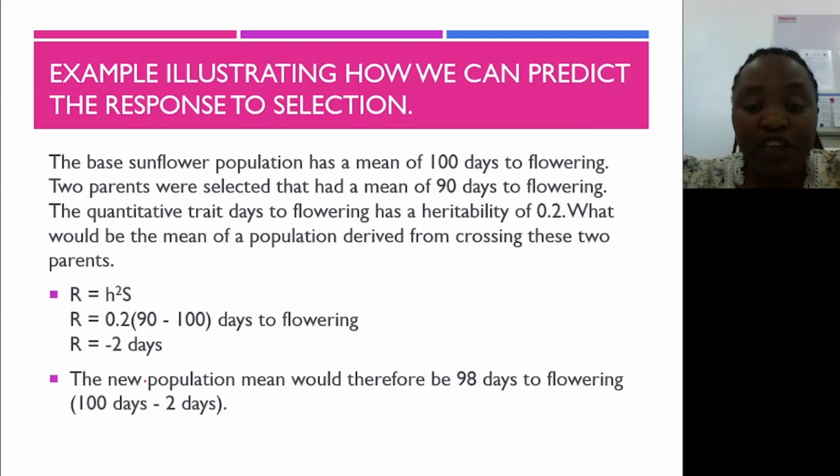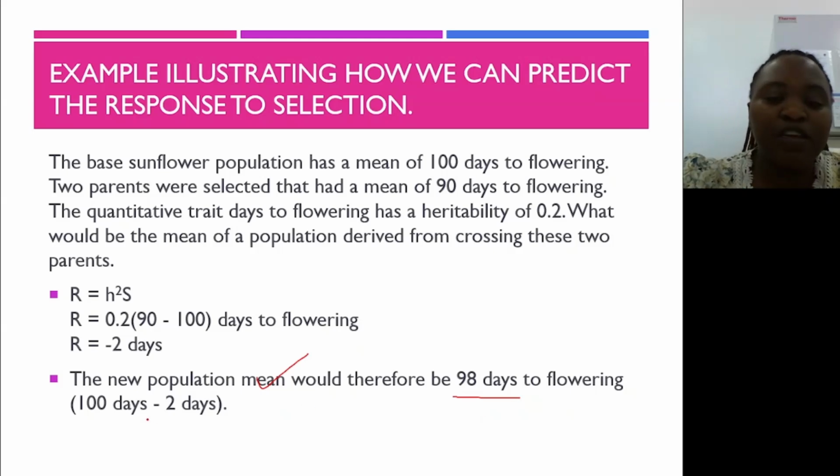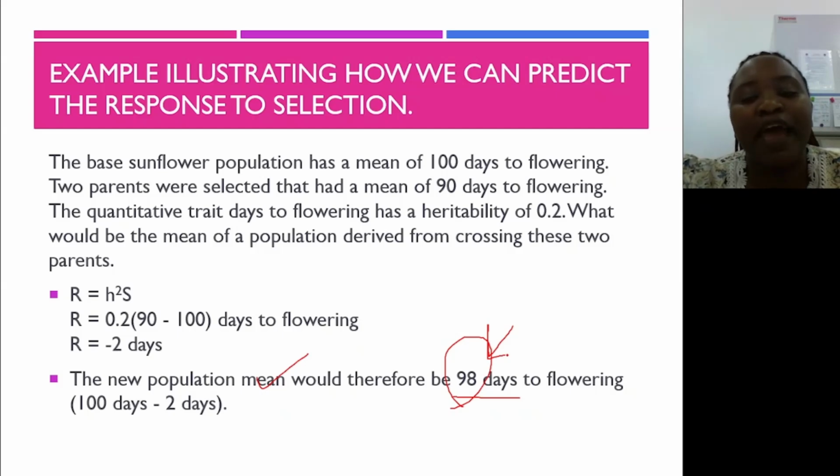So the new population mean would therefore be 98 days to flowering, which is 100 days of the base population minus the 2 days. So we have gained by reducing the days to flowering by at least 2 days. So you can see what we mean by predicting the response to selection using heritability.